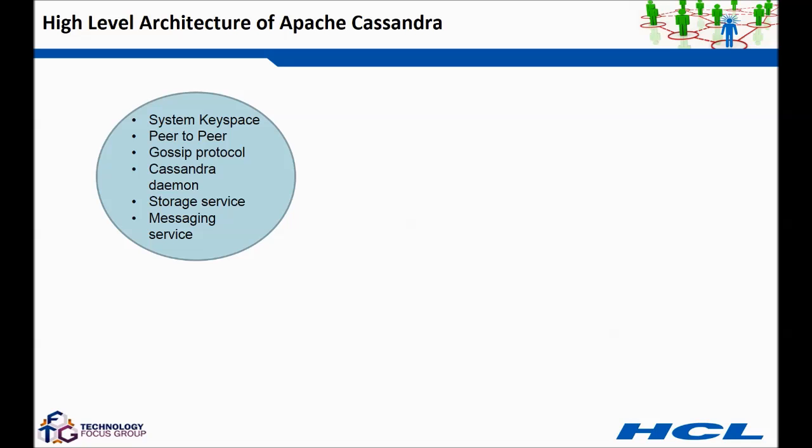But just to explain, one set of services you can assume to be the core services in Cassandra, which are the system keyspace, the peer-to-peer gossip protocol, and then the Cassandra daemon, the storage service of Cassandra, and the messaging service. So these are the core functionality of Cassandra, how Cassandra works.